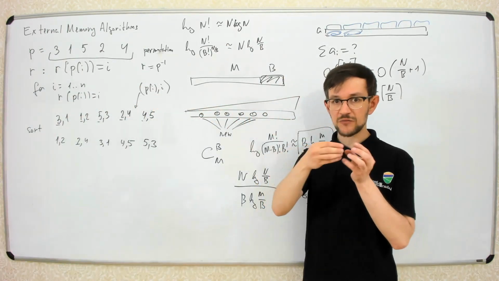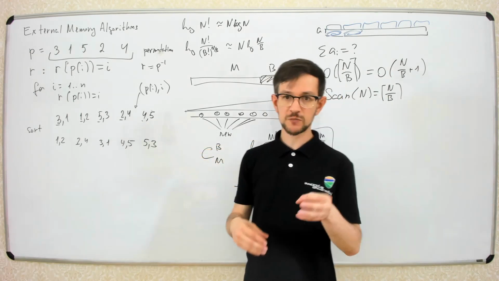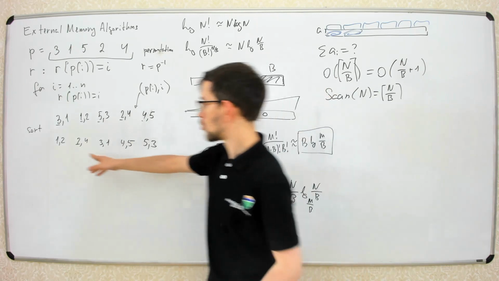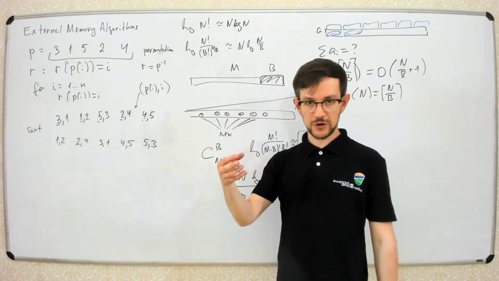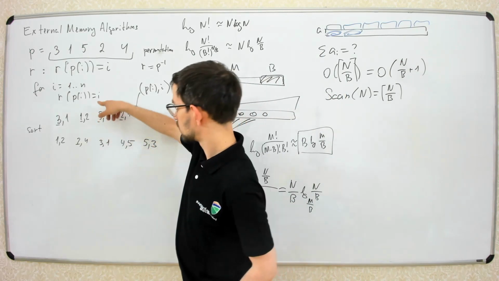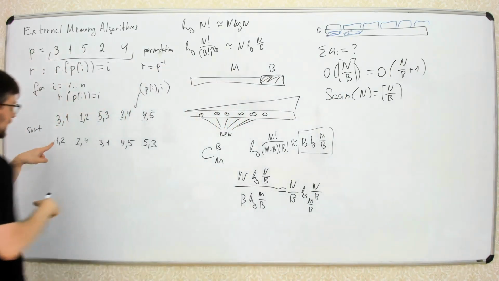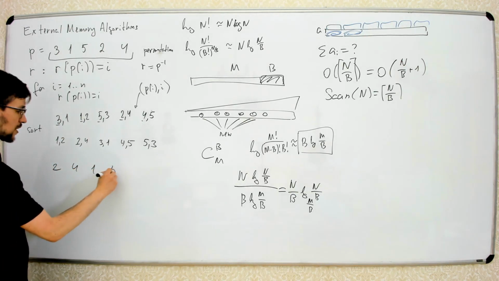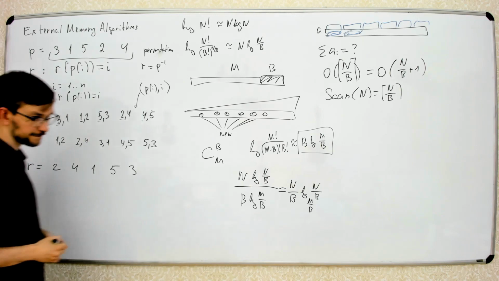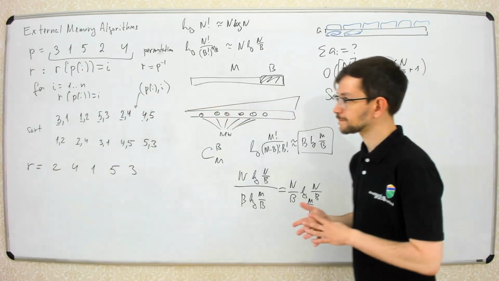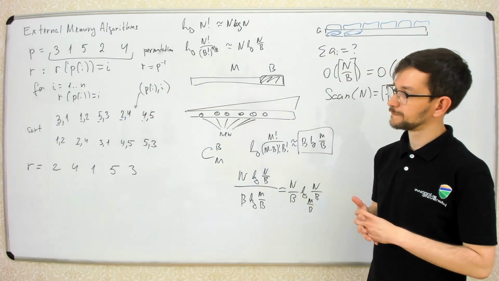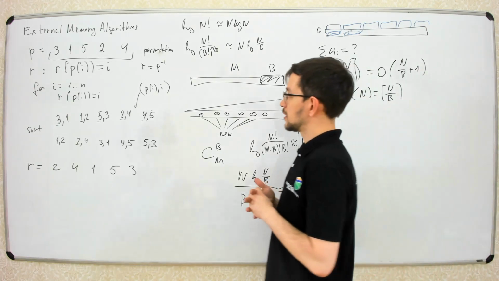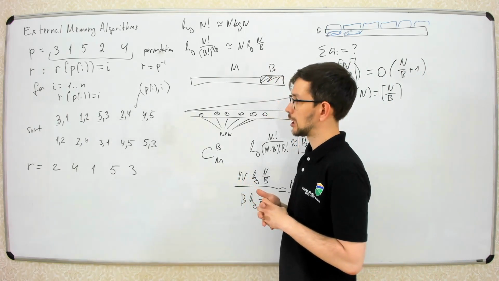After this sorting, I have all these operations sorted by the index of the array R, so I can just go in this order and apply all these operations. Nice. So I put the first element to 2, the second element to 4, then 1, then 5, then 3. So this is the array R. That's how you build the inverse permutation in external memory.